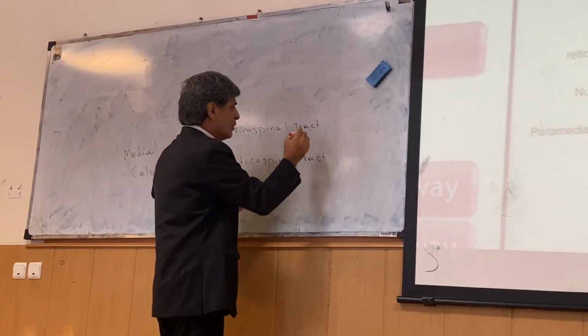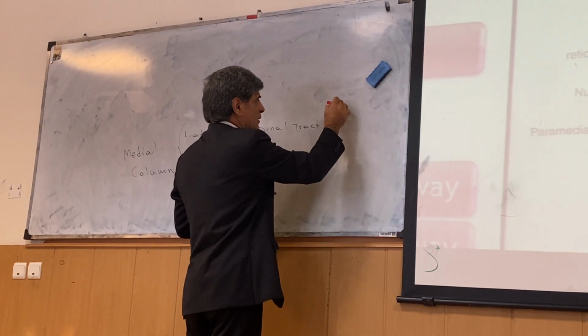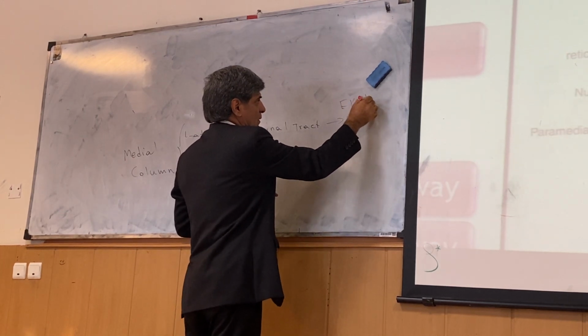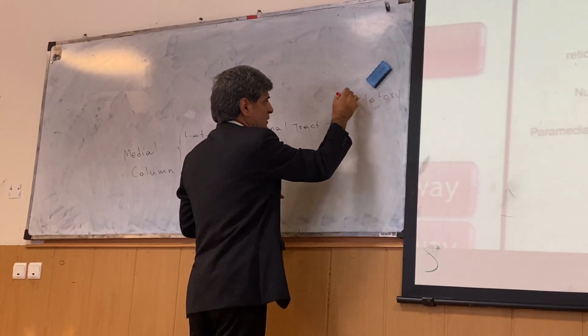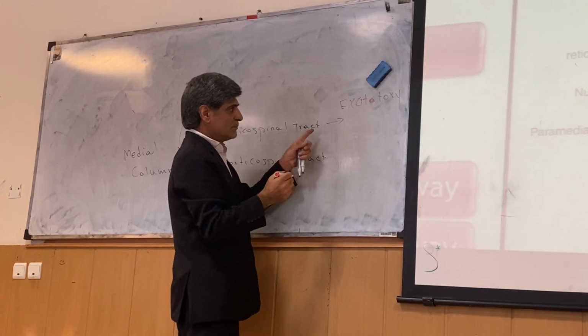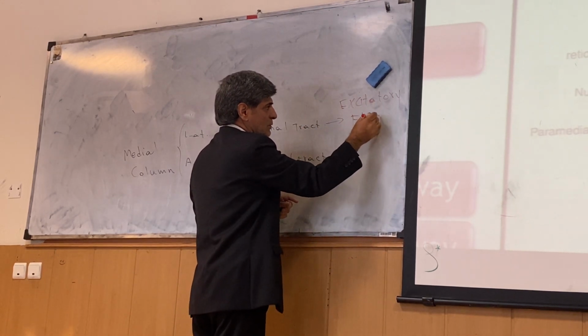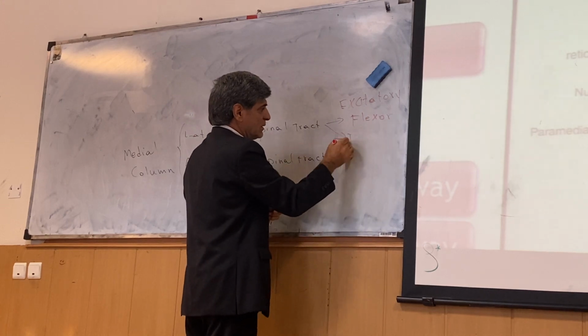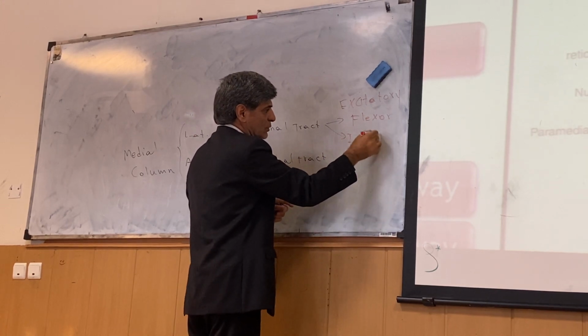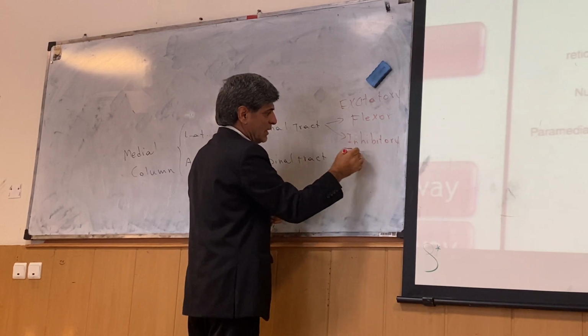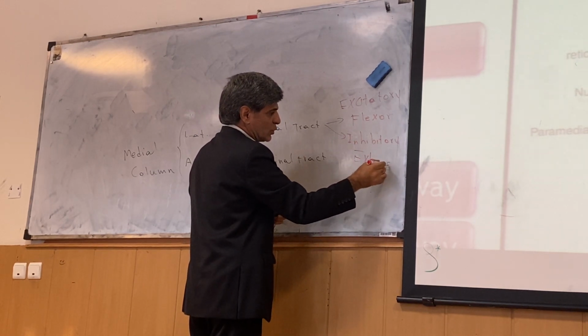Lateral corticospinal is excitatory to flexor and inhibitory to extensor.